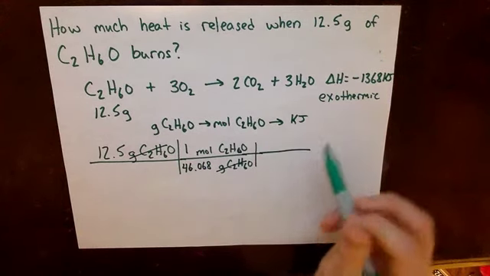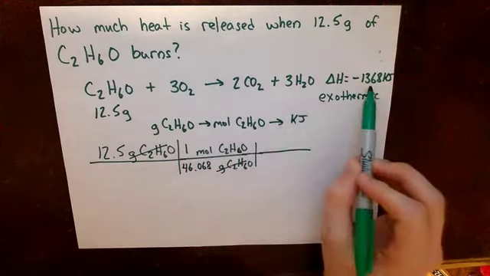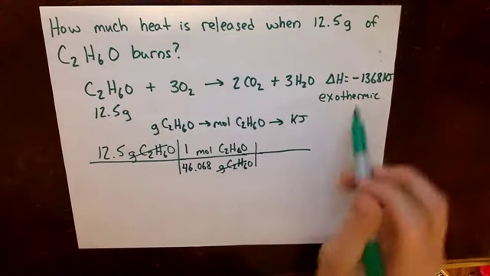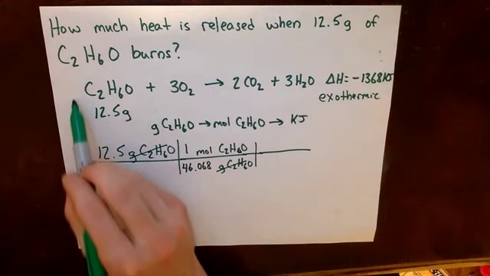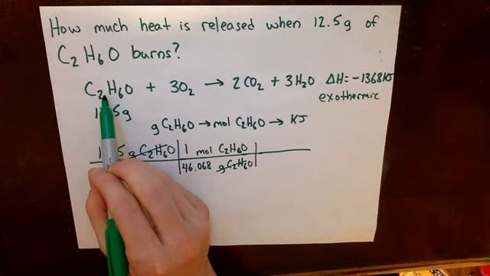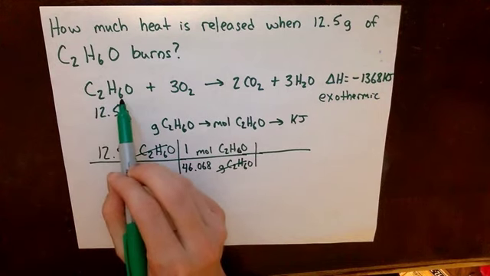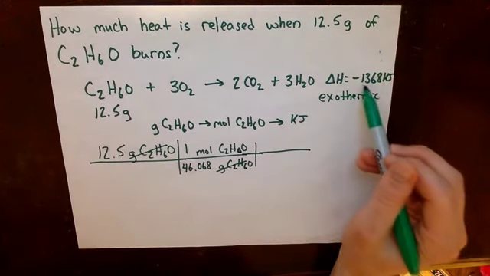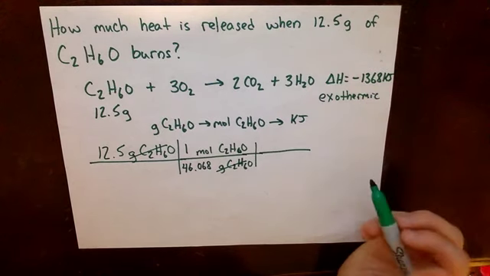However, we have to keep going because we need to convert to heat, which is right here. Now, according to this, again, there's an imaginary 1 here. So for every 1 mole of C2H6O that reacts, it will release 1,368 kilojoules.